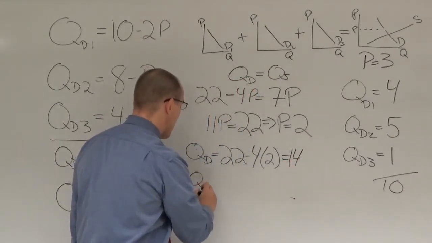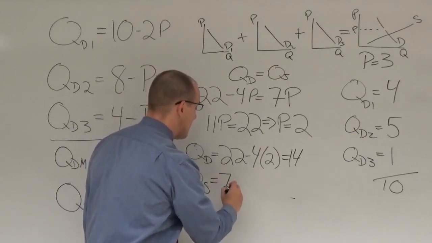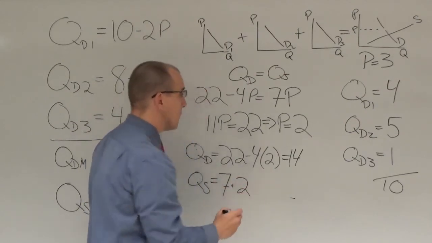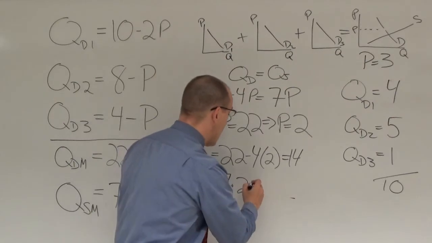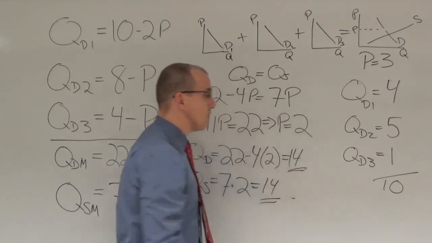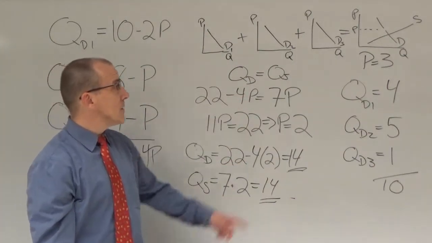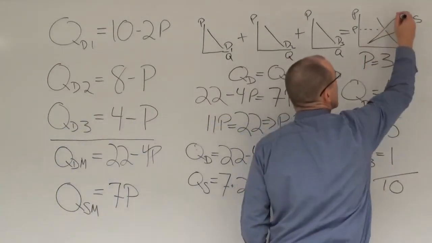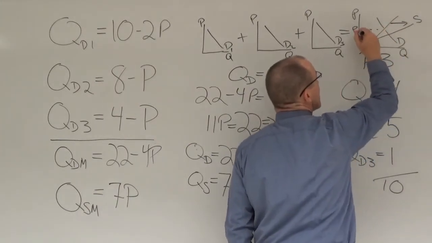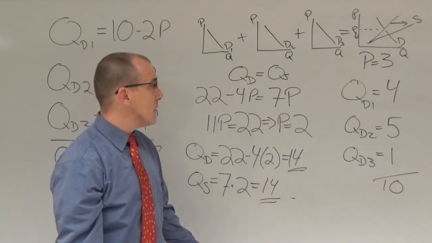And my quantity supply is 7 times 2, 7 times my price. And that will also give me a quantity of 14. So you can see supply curve has shifted from my original to what it is now. Price has gone down. How will this change in price affect the different people?